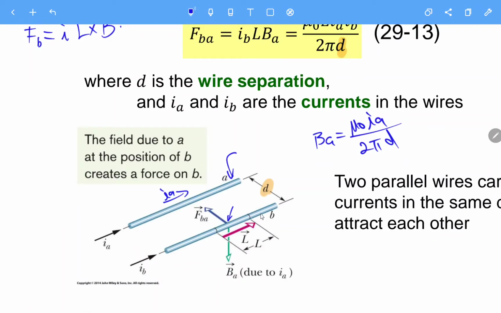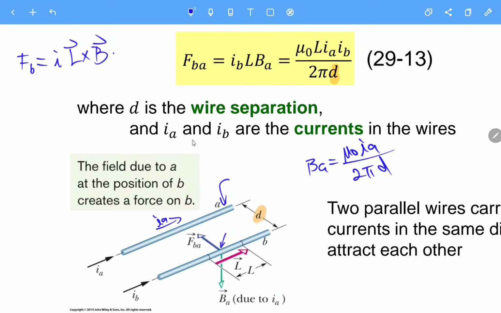Because L is pointing this way and BA is pointing downwards, these two are perpendicular. The direction of the force is L cross B. L points to this side, B points to this side, so L cross B points to the left side, which is towards wire A. So this is FBA, the force acting on wire B due to wire A.